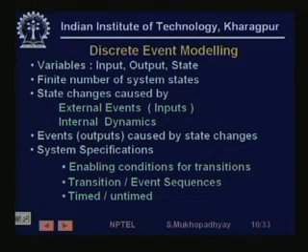These specifications could be stated in various ways, for example by transition event sequences, which could be either timed or untimed, or by giving the enabling conditions for some transitions, that is, we may like to cause some transitions in certain ways in the system.